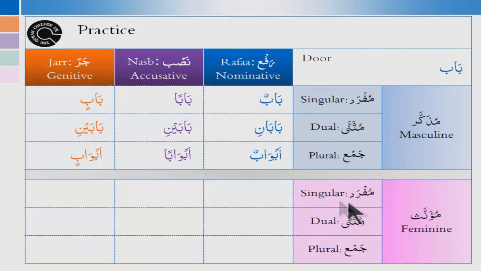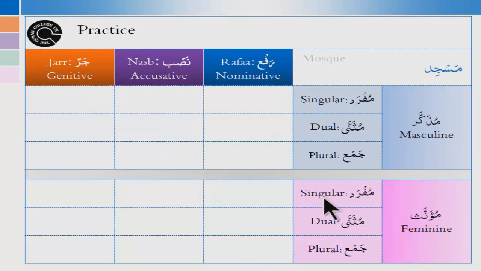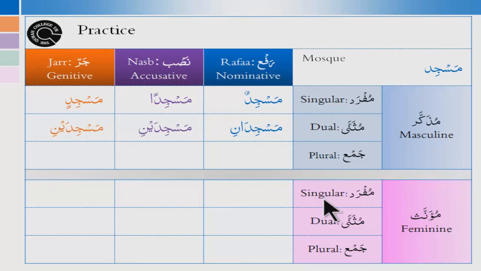Let's see another case, masjid, and that would be masjidun, masjidan, and masjidin. Masjidani, we talk about the two masjids, mosques, masjidaini. So the broken plural of masjidun is masajidu.